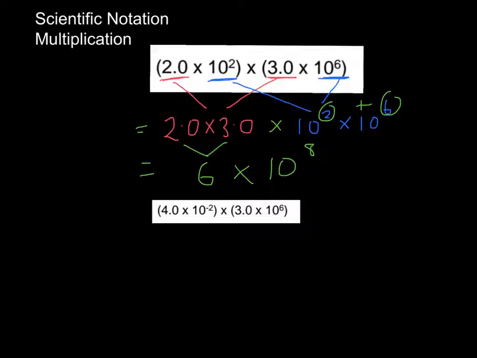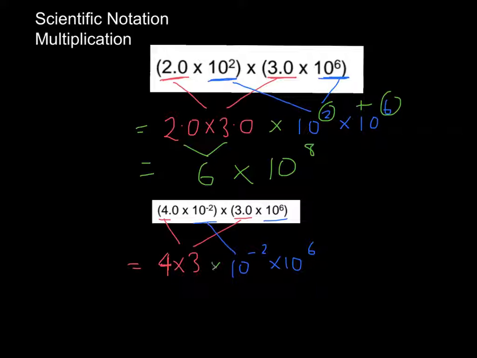Let's do the same with our second example now. So remember the first step is to combine the first part. So it's going to be equal to 4 times 3. And then the same with the second parts. So 10 to the power of negative 2 times 10 to the power of 6.